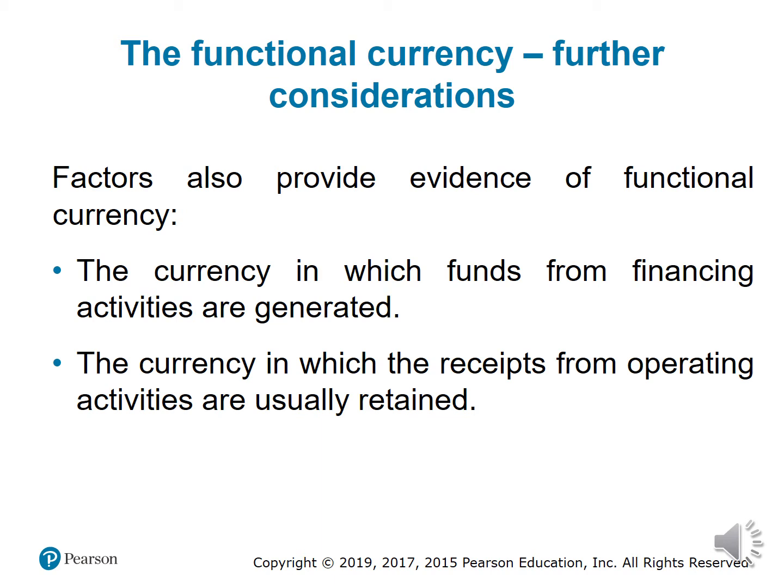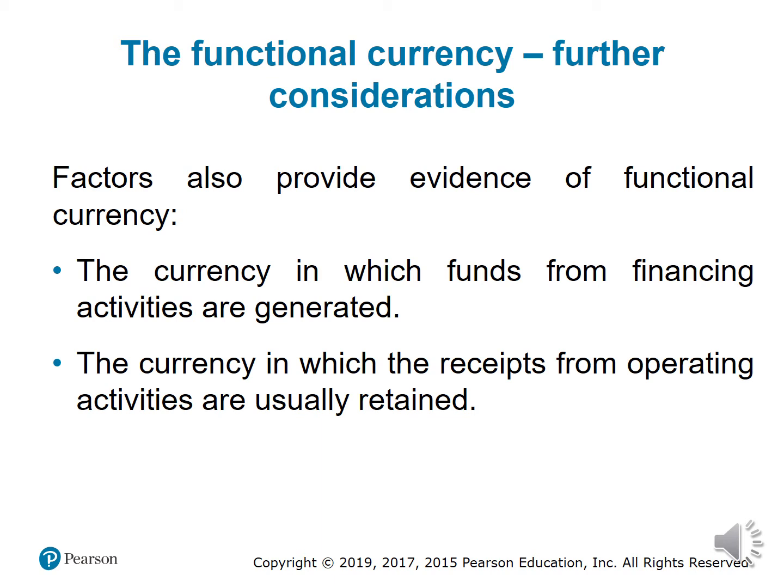And also the functional currency records can be in the currency in which funds from financing activities are generated. Okay, so if the branch or the subsidiary gets funding or borrows some money from a local bank, that should be recorded in the local currency or the functional currency.